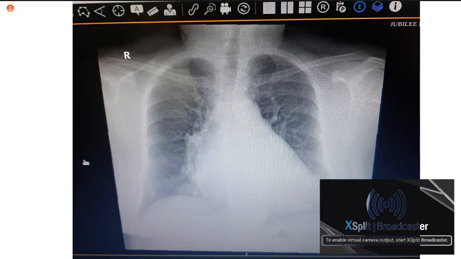So if somebody says that there may be some degree of pleural effusion, I will not object to it, because if you compare the right angle with the left one, it is more hazy. So there is a possibility of a small amount of pleural effusion.